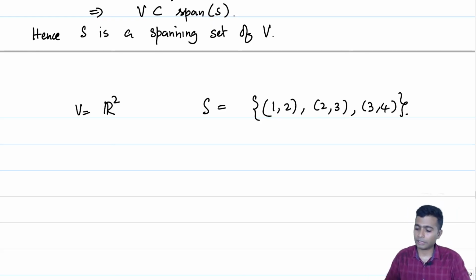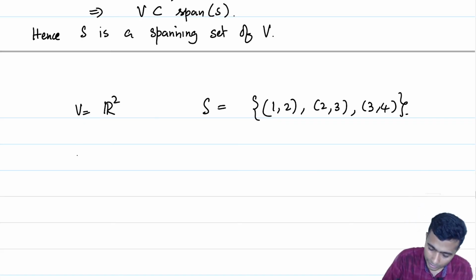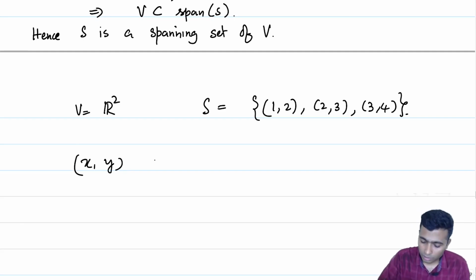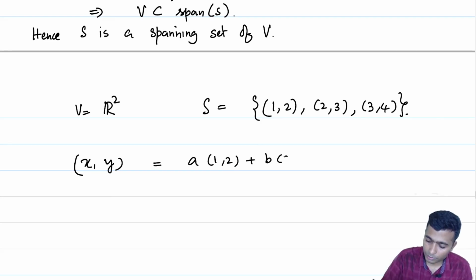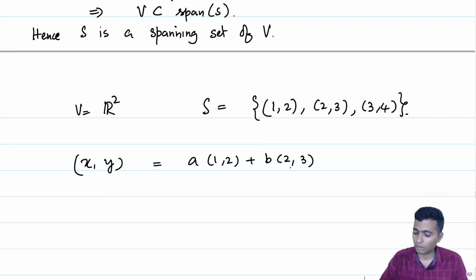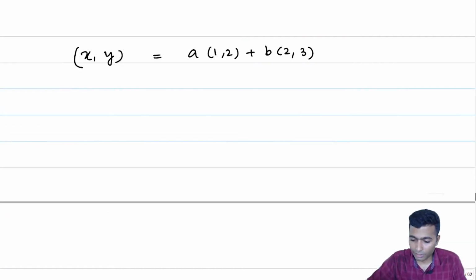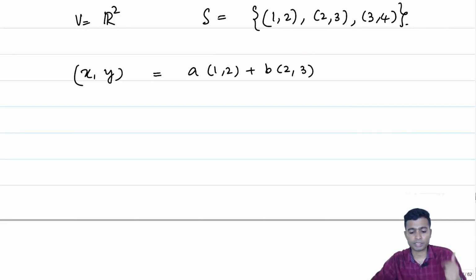I would like to show that, if you look at any element (x, y), suppose this is equal to a times (1,2) plus b times (2,3). Just let's focus on (1,2) and (2,3) and let's see what we can do. Can we get hold of some a and b such that this happens?